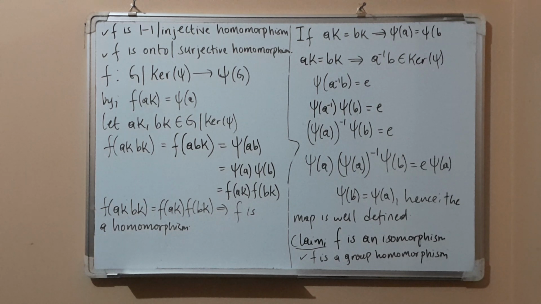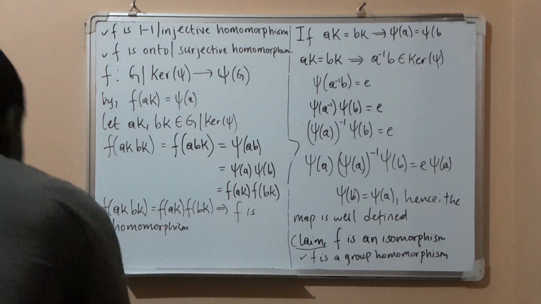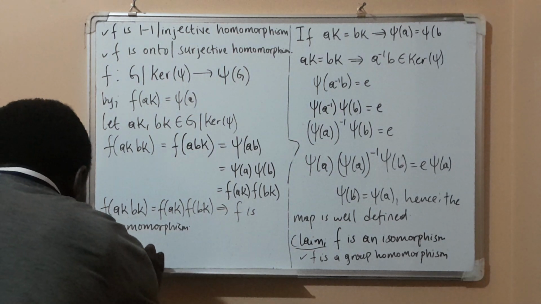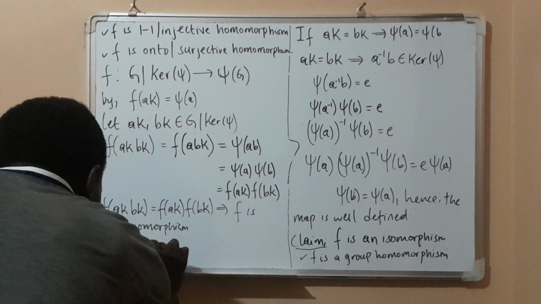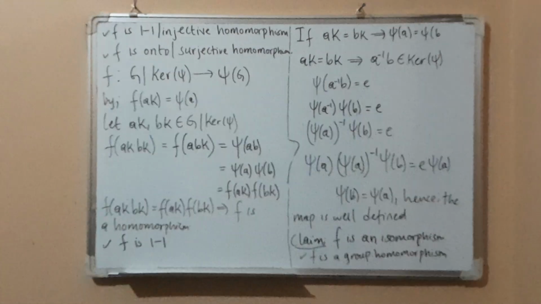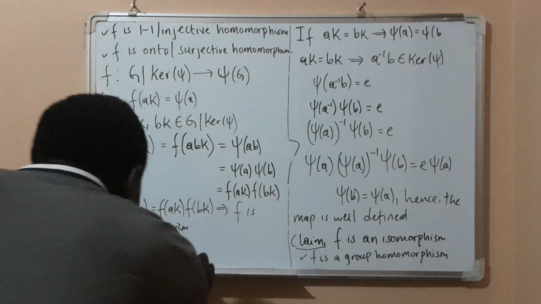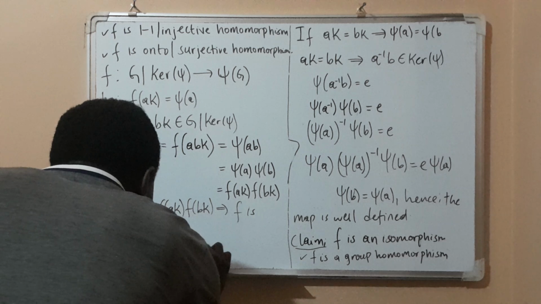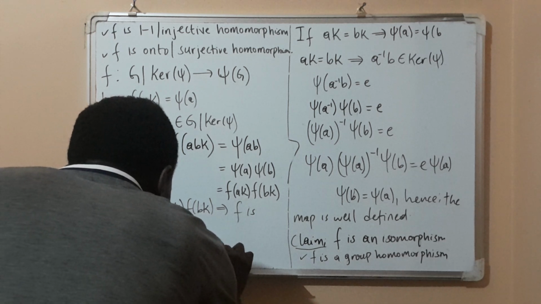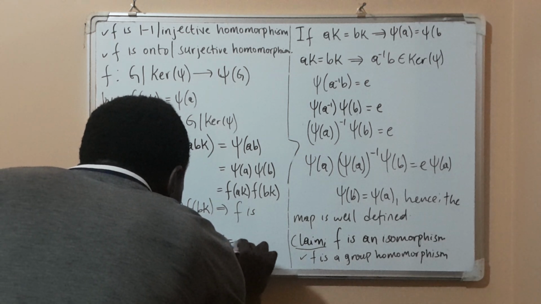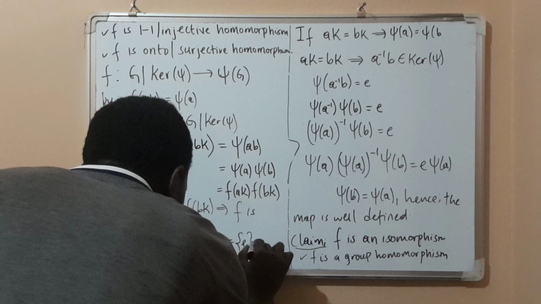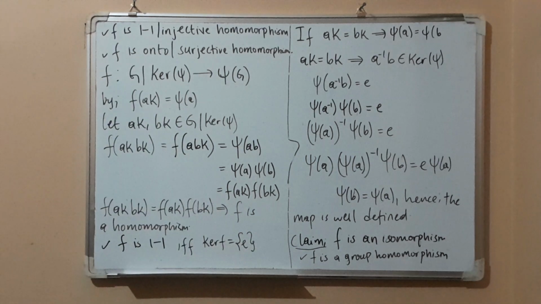In particular, F is 1 to 1 if and only if the kernel of F consists of the identity element.